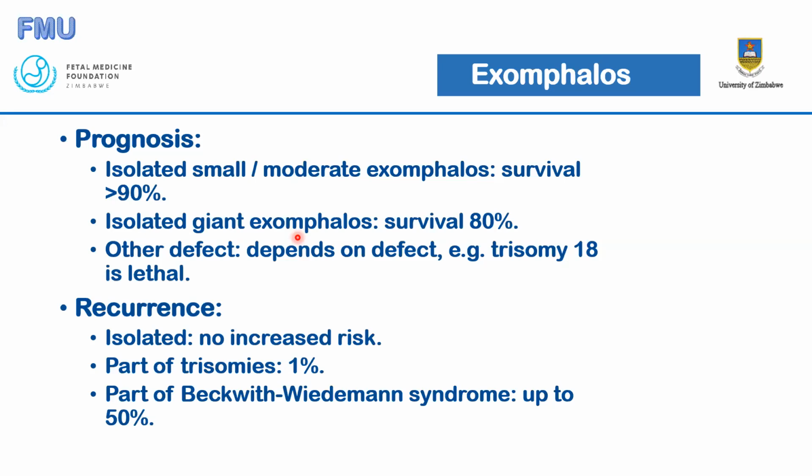So invasive testing is super important. Then recurrence: if isolated, no increased risk. If part of trisomies, the risk of recurrence is 1%. If part of Beckwith-Wiedemann, unfortunately, it's up to 50% recurrence risk.